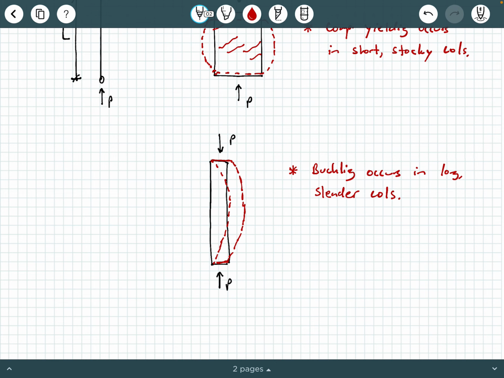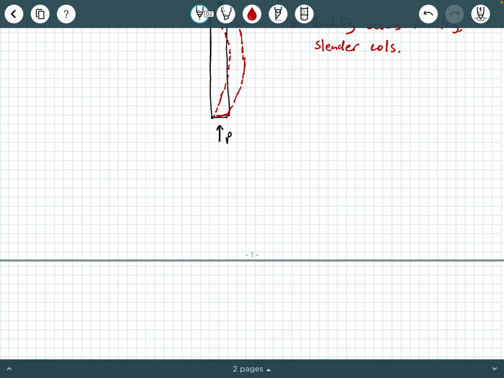What kind of threshold will we use to define what it means to be a short column versus a slender column? But for the purposes of this video, we're only going to consider slender columns. So everything I'm talking about henceforth will be a slender column, okay?